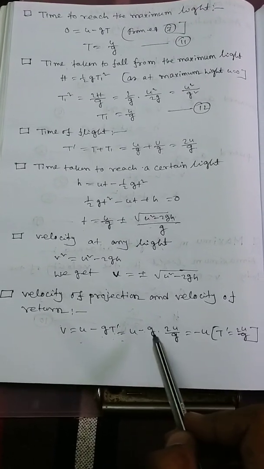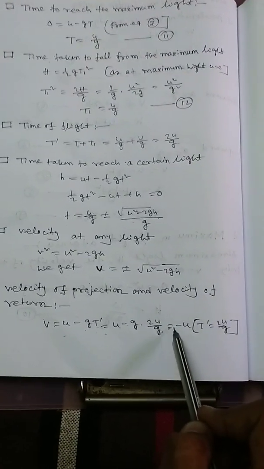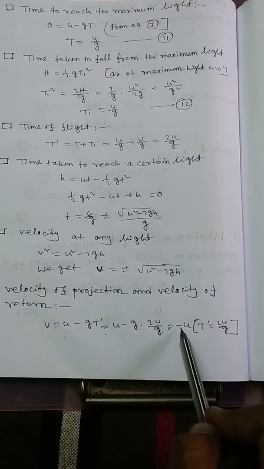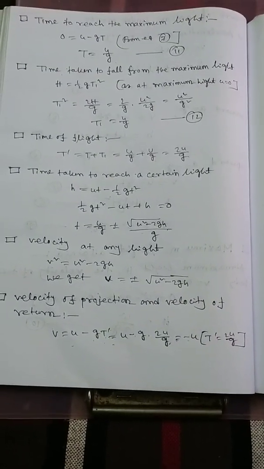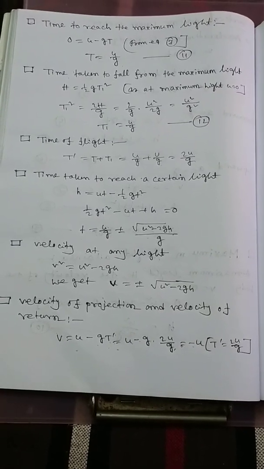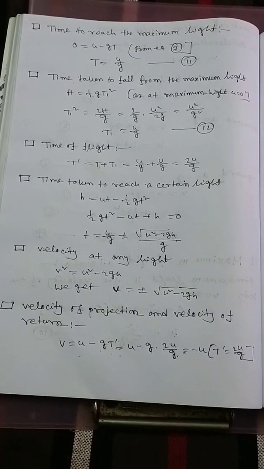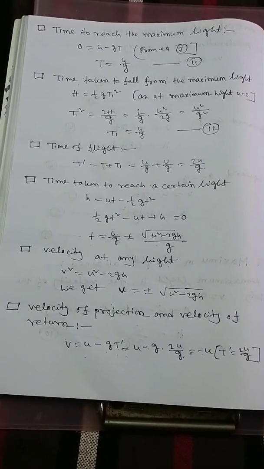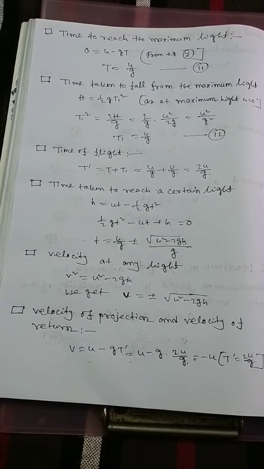We know t prime equals 2u by g, so v equals minus u. Hence the upward velocity of projection is equal in magnitude to the downward velocity with which an object hits the ground.